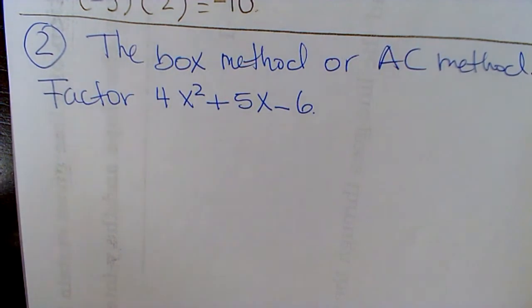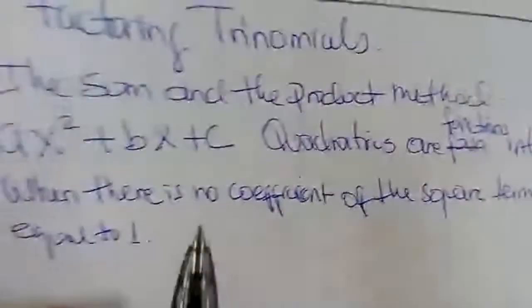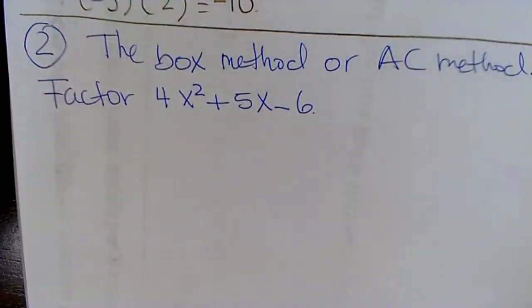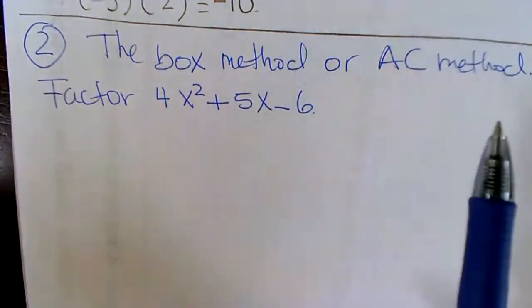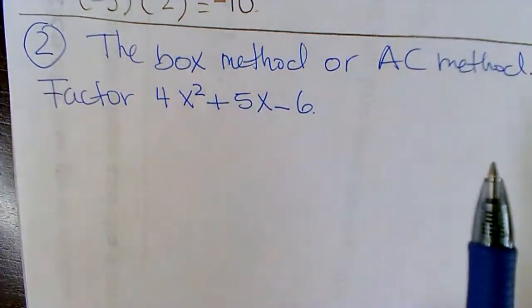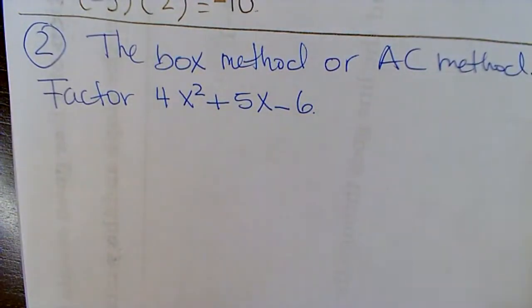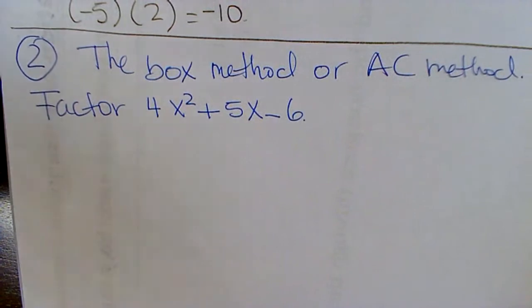We apply the sum and the product method. And when we don't have a 1, we're going to use the box or the AC method. Let me just show you how it works. So let's do the box first.